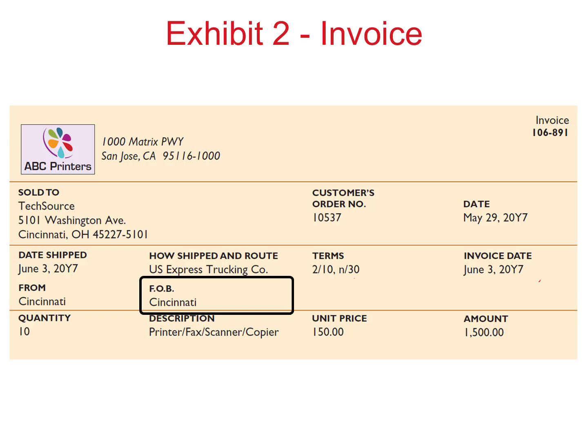In this case, this is FOB Cincinnati, which is actually the destination. So FOB destination, the seller pays for the shipping charge. Thus, the buyer, in this case, TechSource, is not going to be paying for the shipping charge.